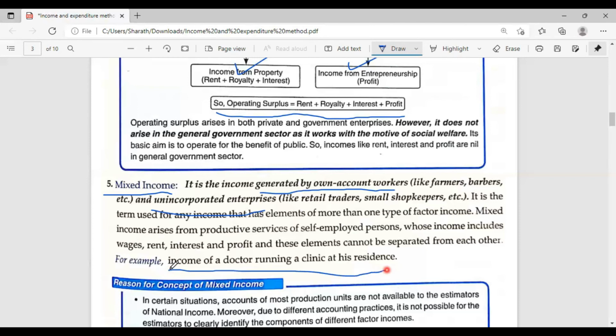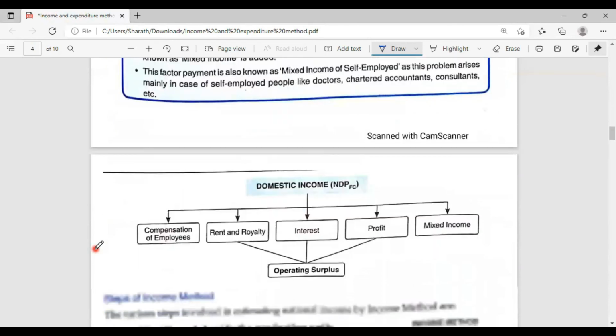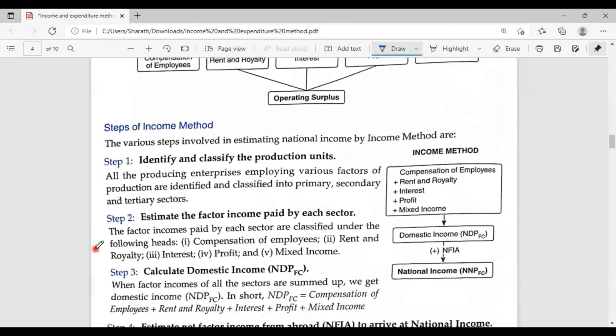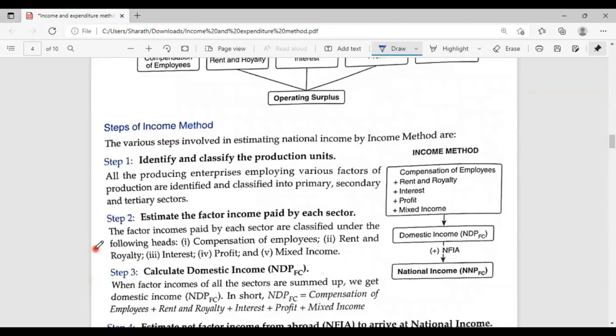Okay, fine. You could see that we came to the steps to be taken in the income method. In the income method, we have to add all the components we have discussed before: rent and royalty, interest, profit, mixed income.